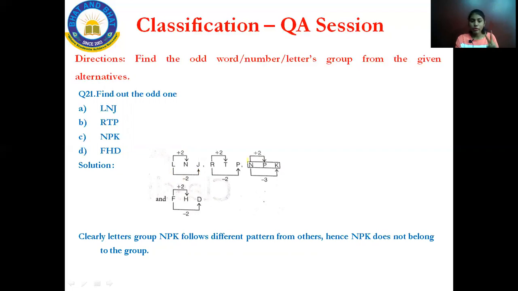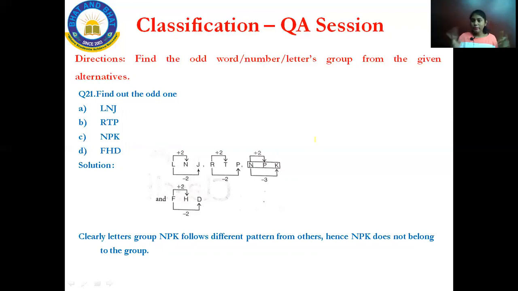Again, come to option B, R, T, P. Take the first two letters, R, T: the difference is plus 2, and at the bottom, R, P: the difference is minus 2. Keep in mind, at the top you have to add, at the bottom you have to subtract. Then come to option C, N, P, K: the difference between N and P is plus 2.